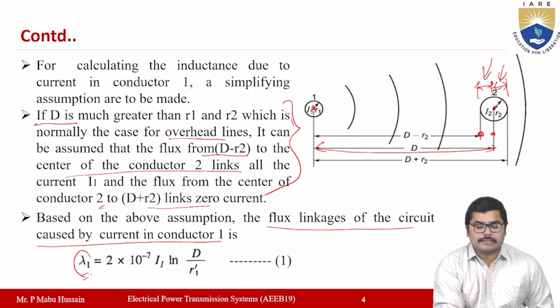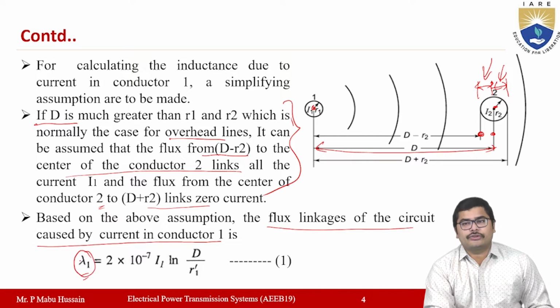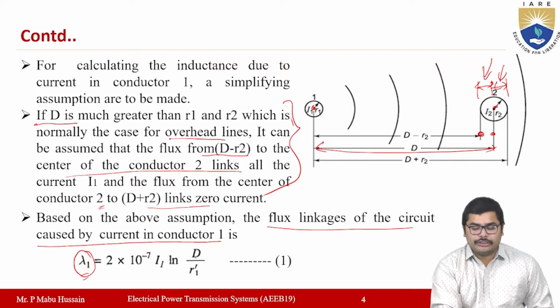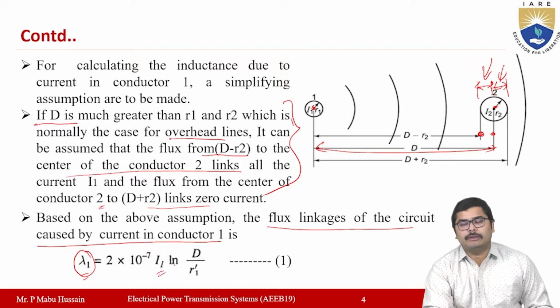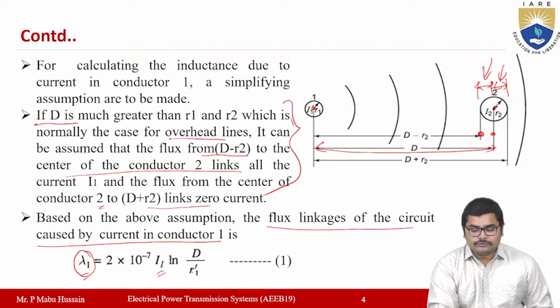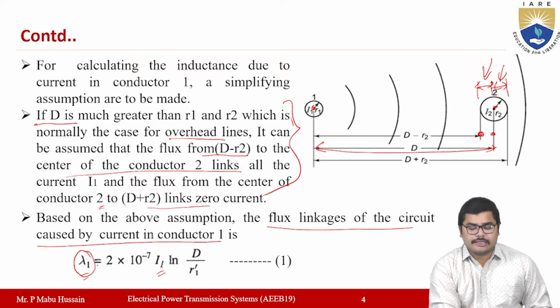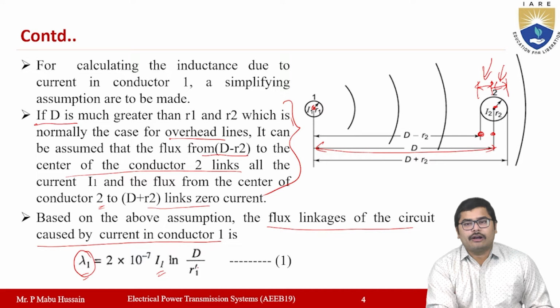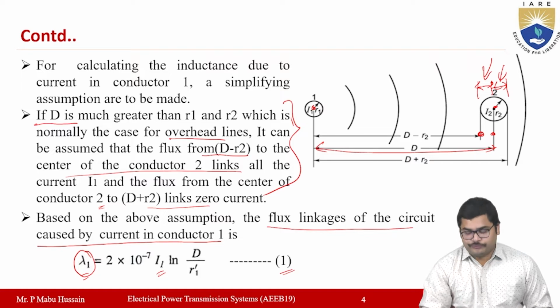This lambda 1 is the flux linkages of the circuit due to current flowing in conductor 1 alone, so here the current flowing through the conductor is I1. Let this be equation 1. You got this equation by considering the current flowing in conductor 1 alone and by making some simplifying assumptions.